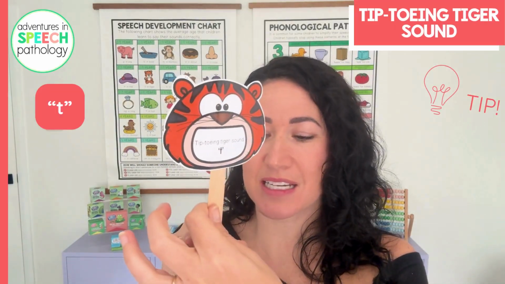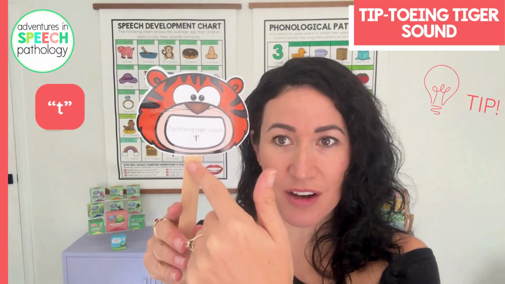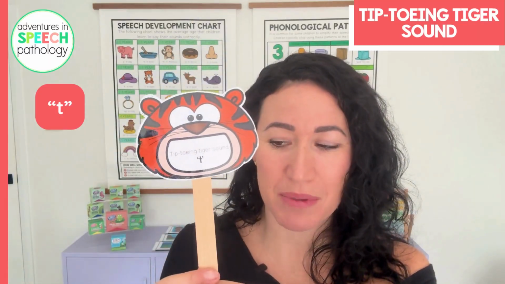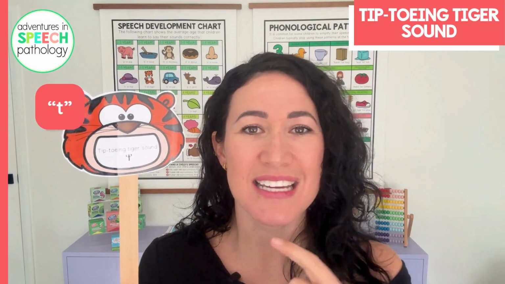It is fantastic because my hands are free to point out and I'm not covering the cue up. So that's my little hot tip. But for the tiptoe tiger sound, I like to tiptoe my fingers up the stick. And that mimics that little tapping sound that our tongue needs to do on the top of the mouth.